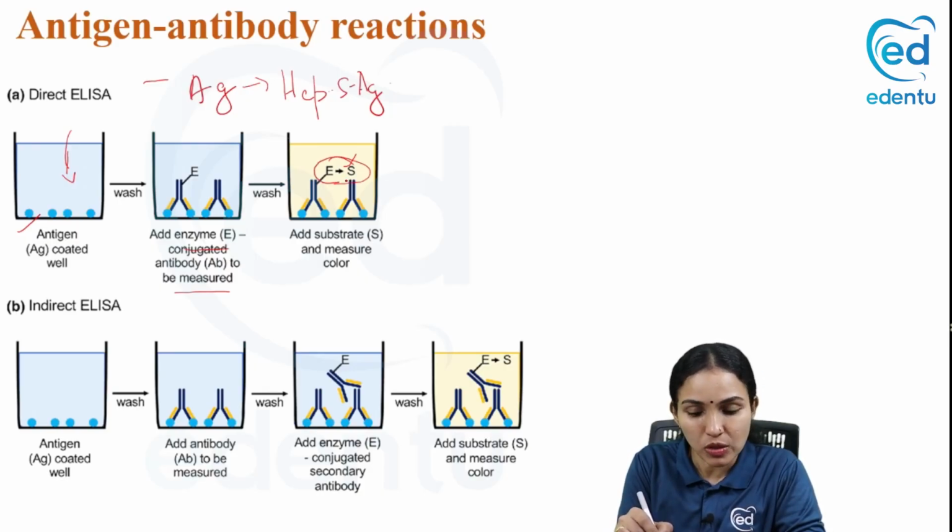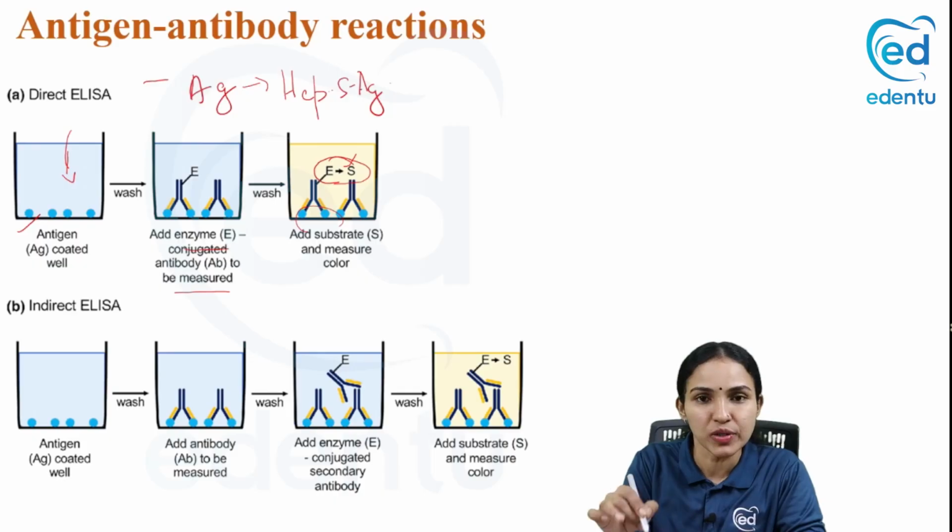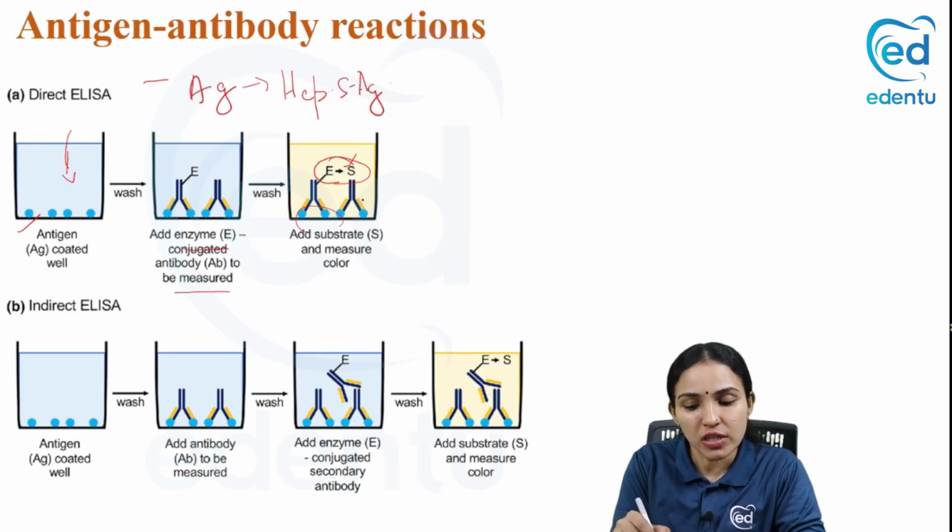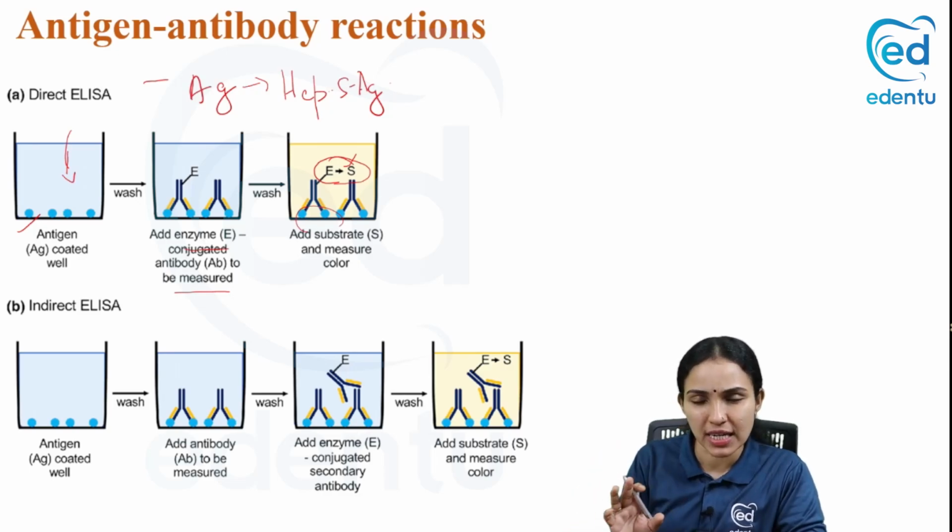This has happened only because this enzyme conjugated antibody is bound to this antigen. Otherwise it would have been washed away. So a positive color in the well indicates that this patient's serum contains that particular antigen or antibody of interest. That is it. So that is the basic ELISA.